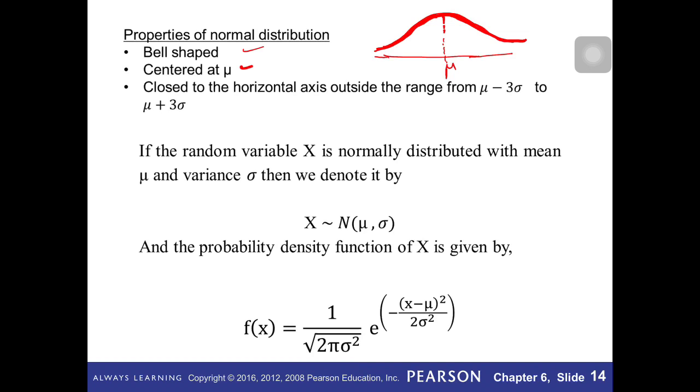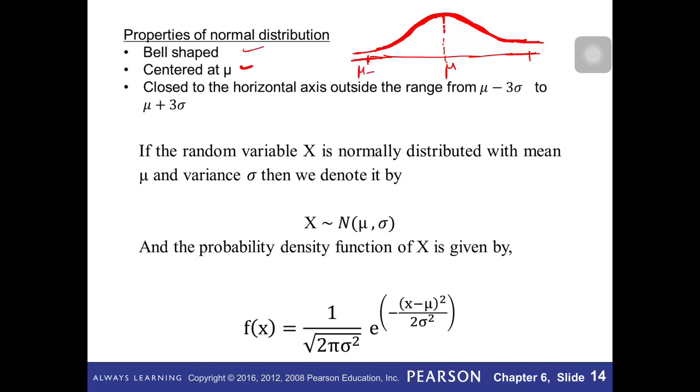I'll keep a small gap in the drawing because otherwise you cannot see it. The curve is very close to this horizontal axis at these points.